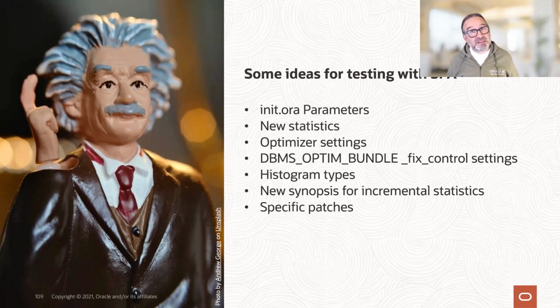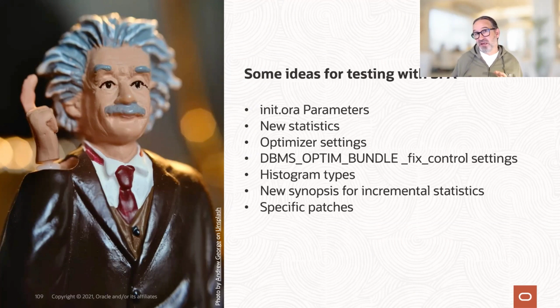Let's implement the changes with the new RU. The DBMS_OPTIM_BUNDLE allows us with a fix control setting to implement and turn on now all the behavior-changing optimizer parameters in a release update. Or let's try different histogram types or new synopsis.